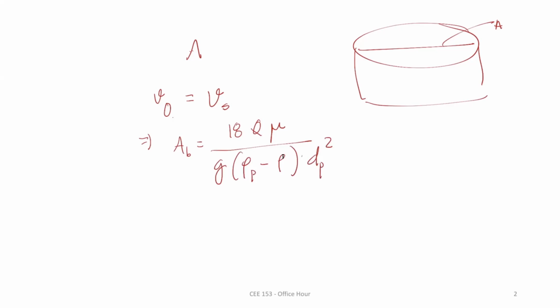So the question was, when are you going to use AB? You have to know what AB means. AB means you are assuming the size of the particle as dp. What it's saying is that this is the minimum area needed to remove all particles with the size dp.